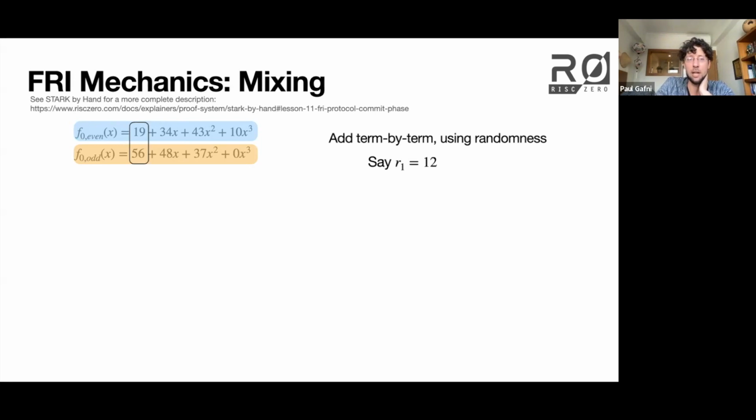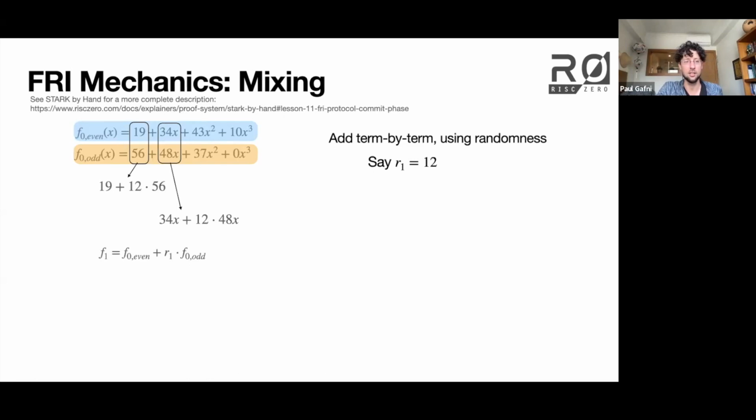So to add term by term, the blue polynomial remains untouched, and the orange polynomial is weighted based on the randomness. So here I show the first couple additions.